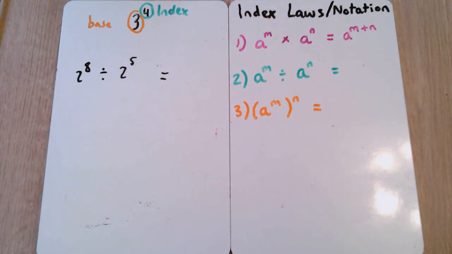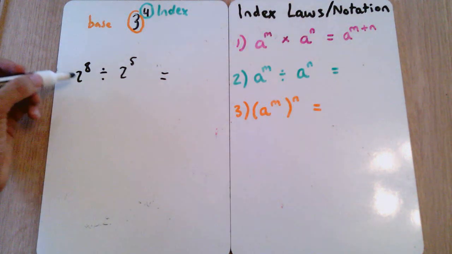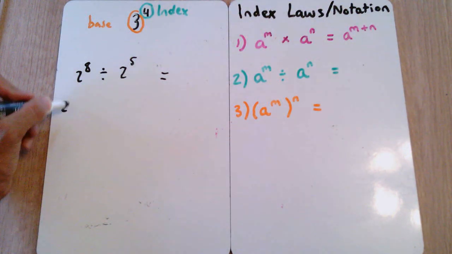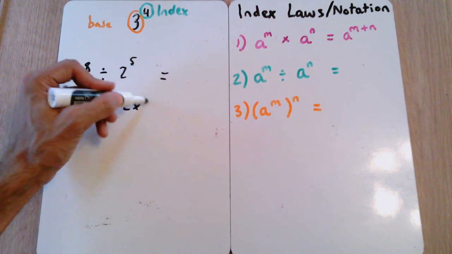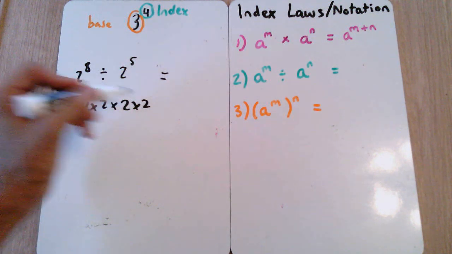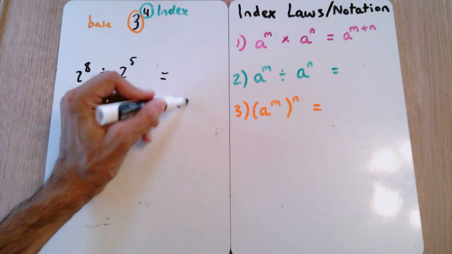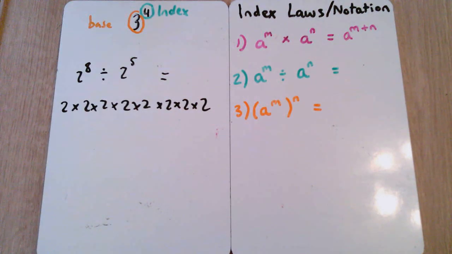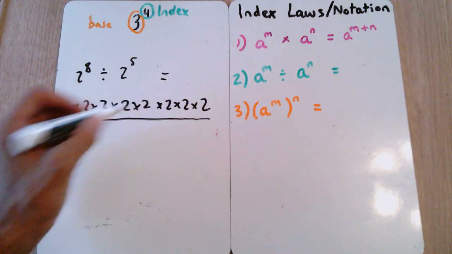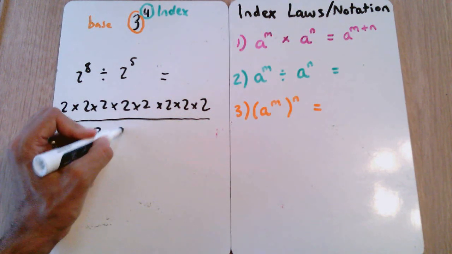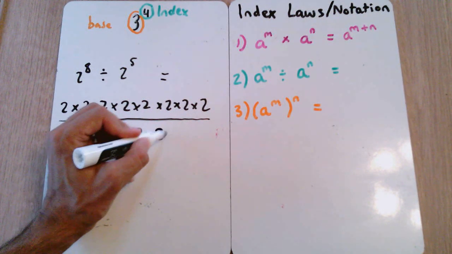Now, 2 to the 8 is 2 times 2 times 2 times 2, 8 times. So 2 times 2 times 2 times 2 times 2, 1, 2, 3, 4, 5, 6, 7, 8. And when you divide, you can write that as a fraction. So for the purpose of this, I'm going to write this as a fraction, divided by 2 times by 2 times by 2 times by 2 times by 2.